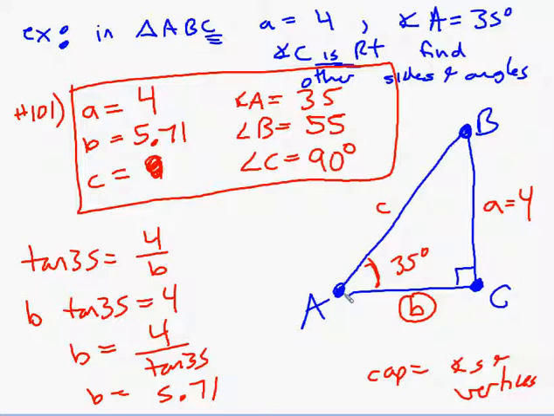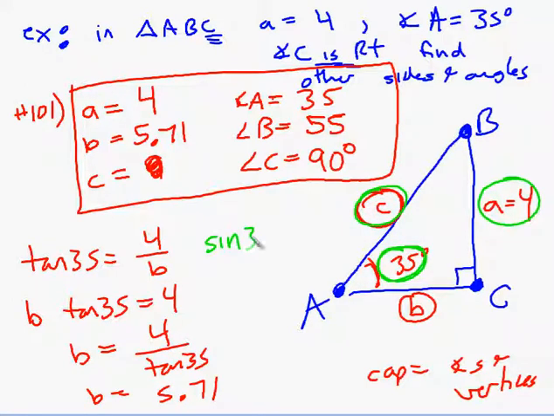c is not 9. How do I get c? Well, I have opposite and hypotenuse, right? So what do I use for that? If I want to find c. Pythag? I can't, I'm not going to use this 5.71. I'm not going to Pythag it. So I have this angle. I have this side, and I'm looking for this side. So sine, opposite over hypotenuse.